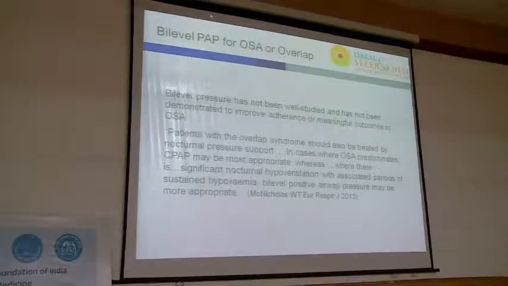However, in patients with overlap, if OSA predominates, then it is always CPAP which has to be used. But in all the patients who have hypoventilation associated with obstructive events, with long sustained hypoxemia, probably there is a role for a bilevel or BiPAP.